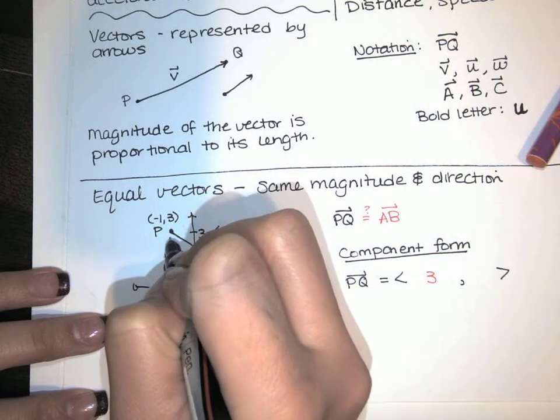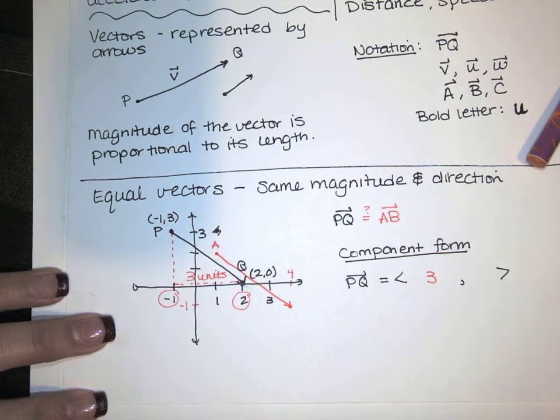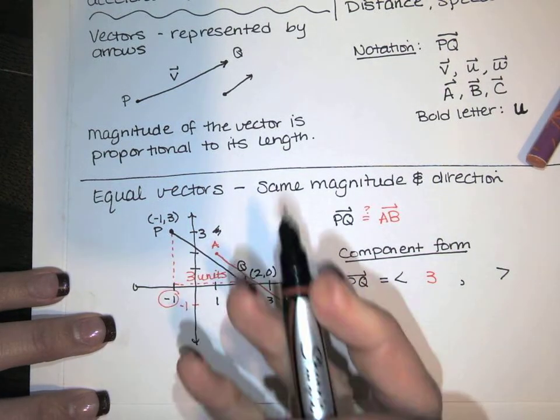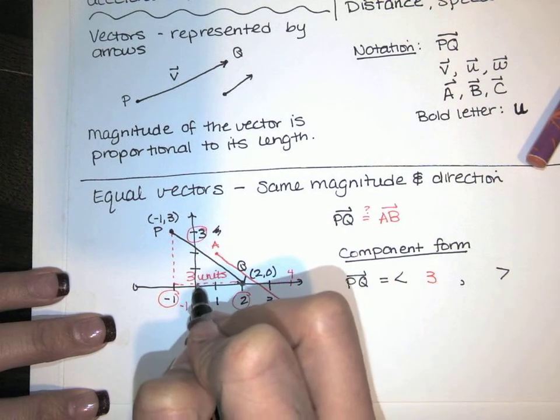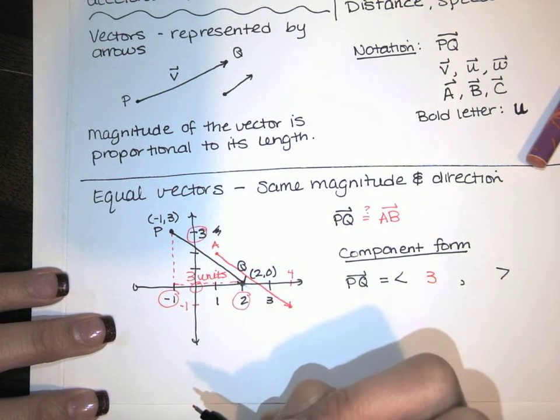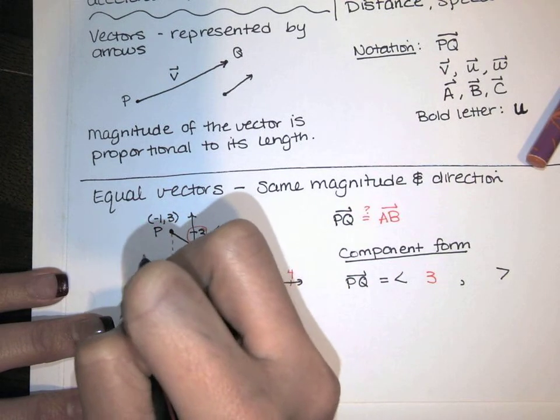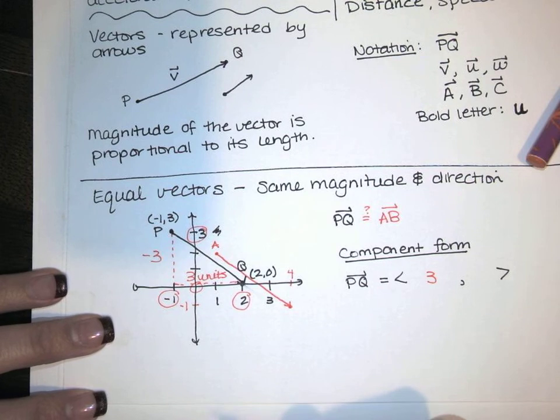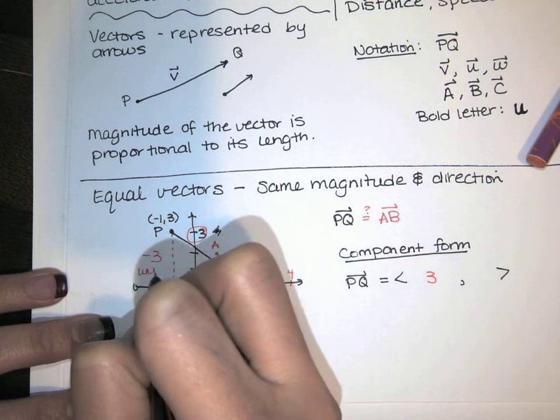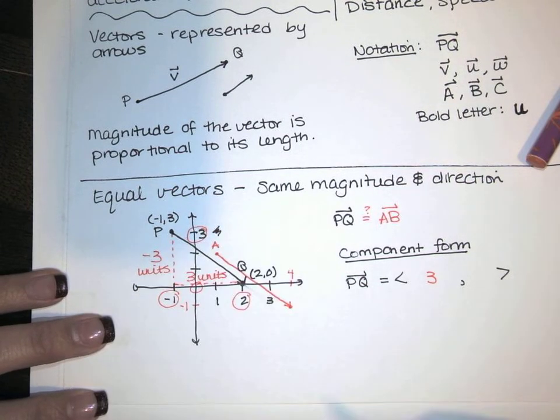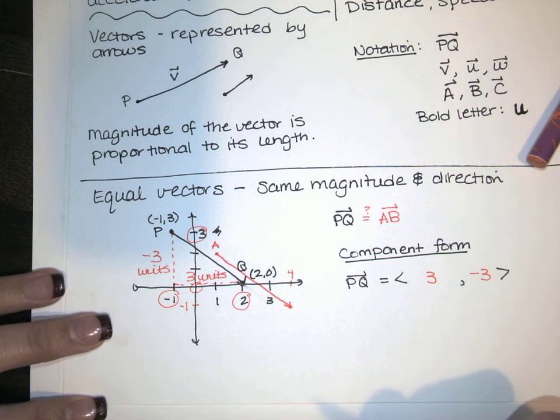Well, notice our y values went down. I went from y equals 3 to the x-axis, so y equals 0. So that's -3 units in the y direction. So that's the vector PQ.